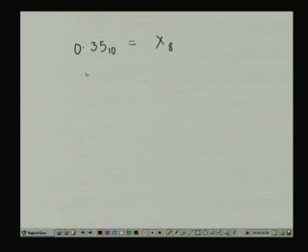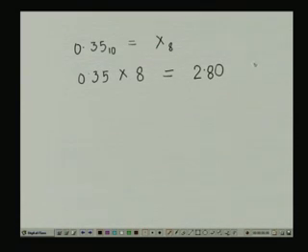Now the rule is multiplication. So, 0.35 will be multiplied by 8, and what will be the value? This will be 2.80. So, my integer becomes 2.